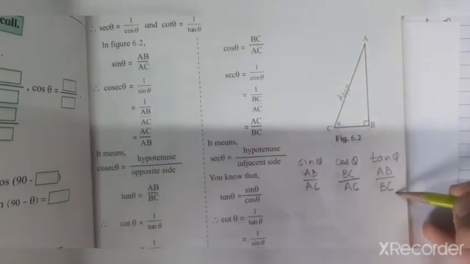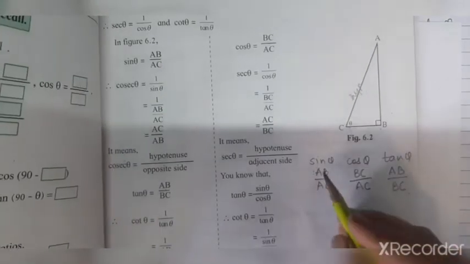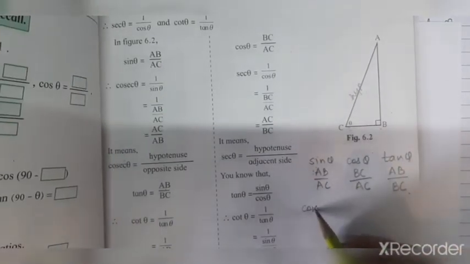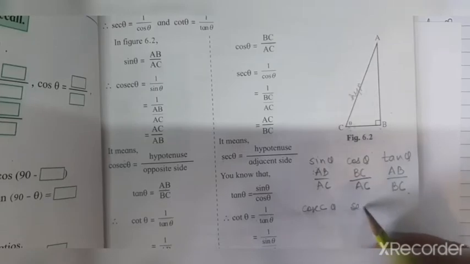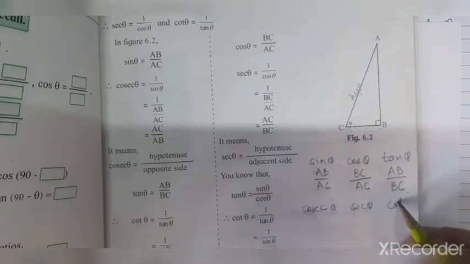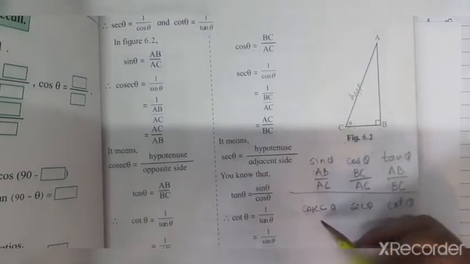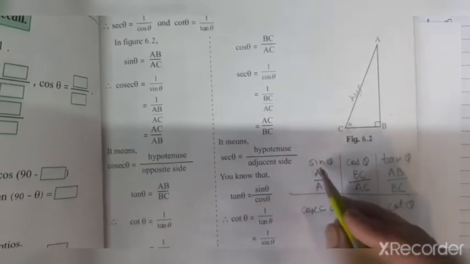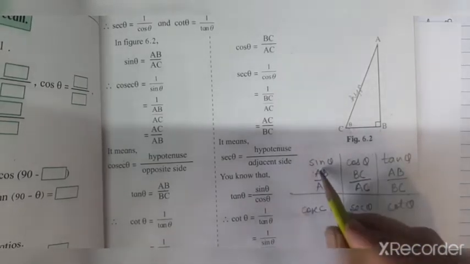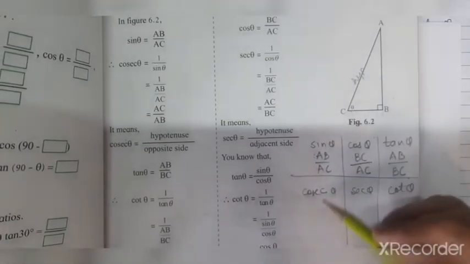And tan theta is opposite upon adjacent, so cot theta is adjacent upon opposite. So sine theta and cosec theta are just opposite to each other.